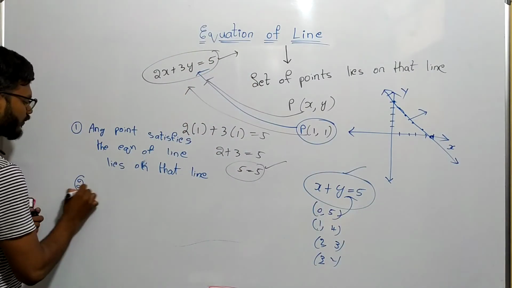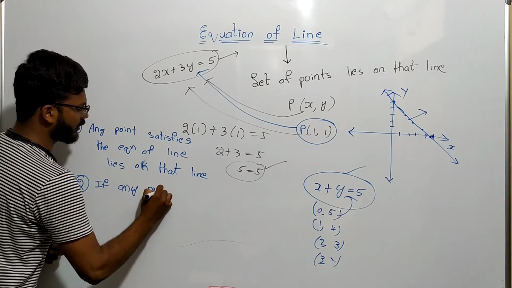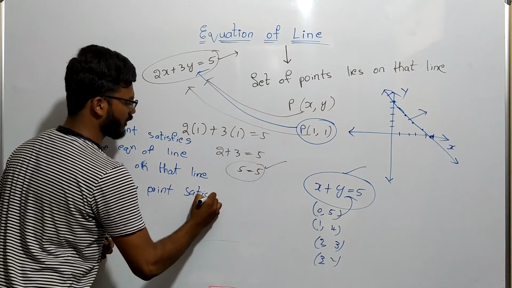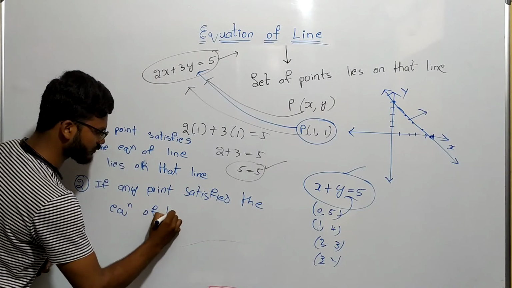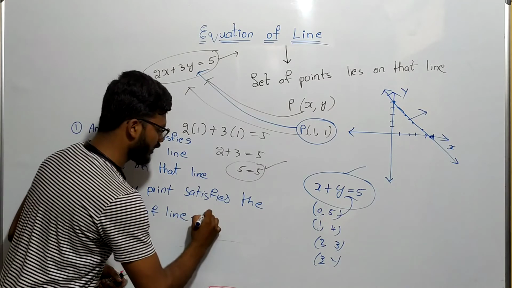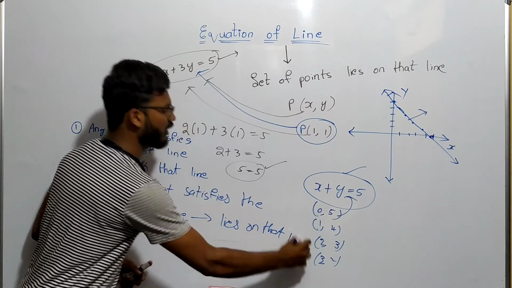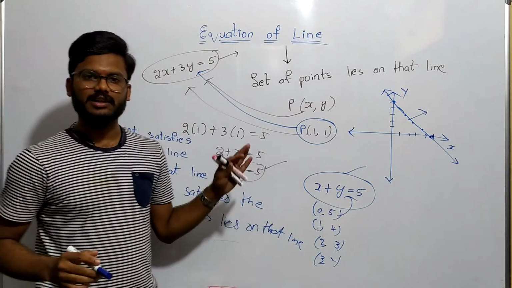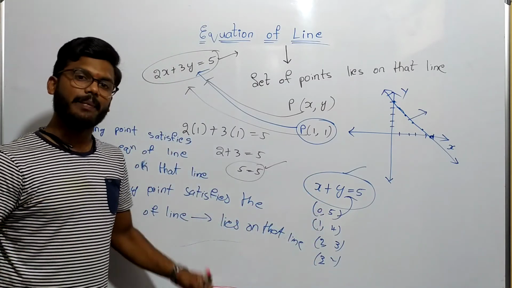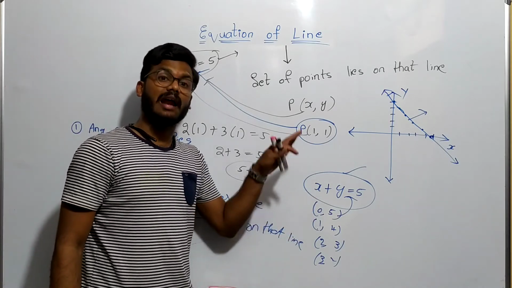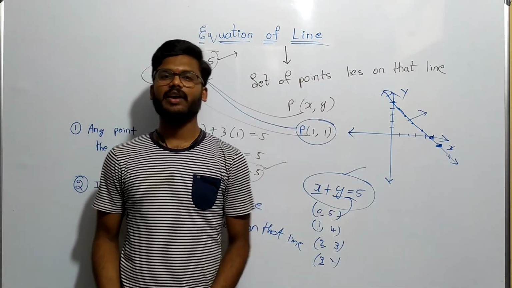And the opposite of that: if any point lies on that line, then you can say this point satisfies the equation of the line. Same, vice versa. That means if one point satisfies the equation, you can say it lies on that line, and if any point lies on that line, you can say it satisfies the condition. Now we know what is meant by the equation of a line.